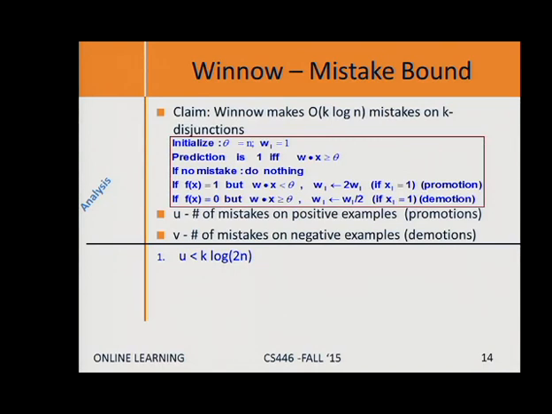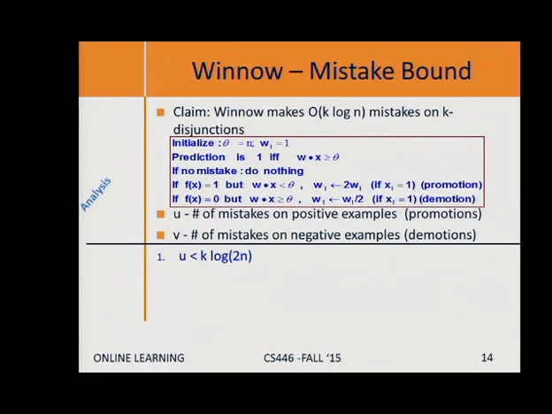All the rest are zeros. I don't touch all the other weights. And every example has this important variable on. The rest are zero. And of course, it's a negative example. How many times can it be a negative example? Log n or log 2n, depending on whether I do less than or less than or equal. Right? Because once I doubled it log n times, I got to the threshold. I will never make a mistake on it.